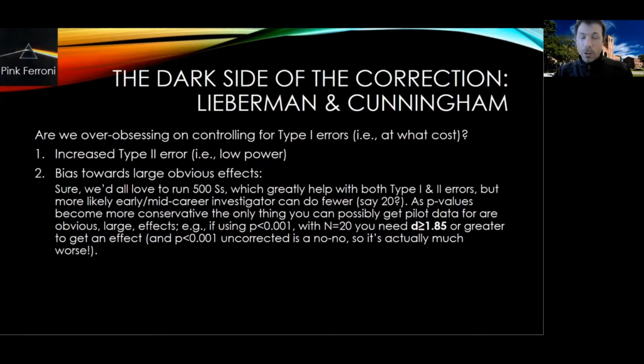In their calculation, if using an uncorrected value of 0.001, you would need a Cohen's d of at least 1.85 to get an effect with only 20 participants or so. So in a sense, it's biasing our research towards large obvious effects, not towards more subtle and for some much more interesting effects.